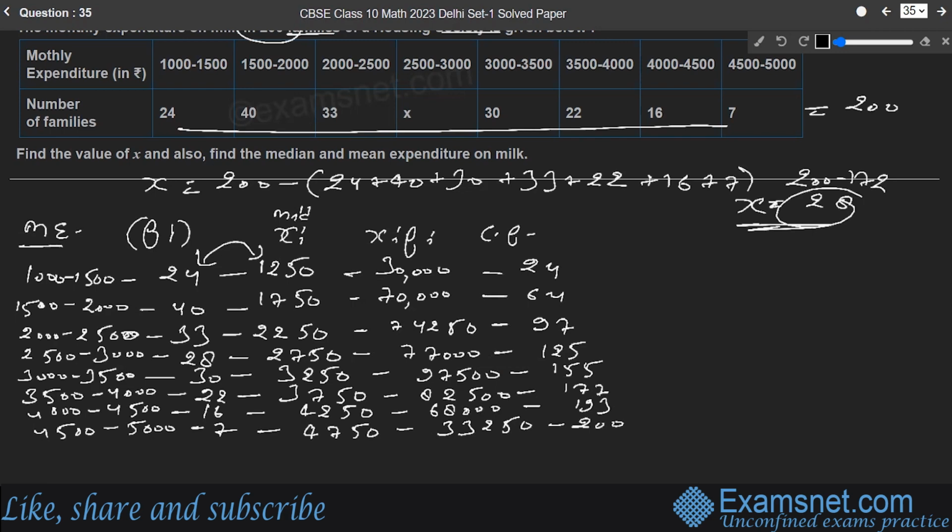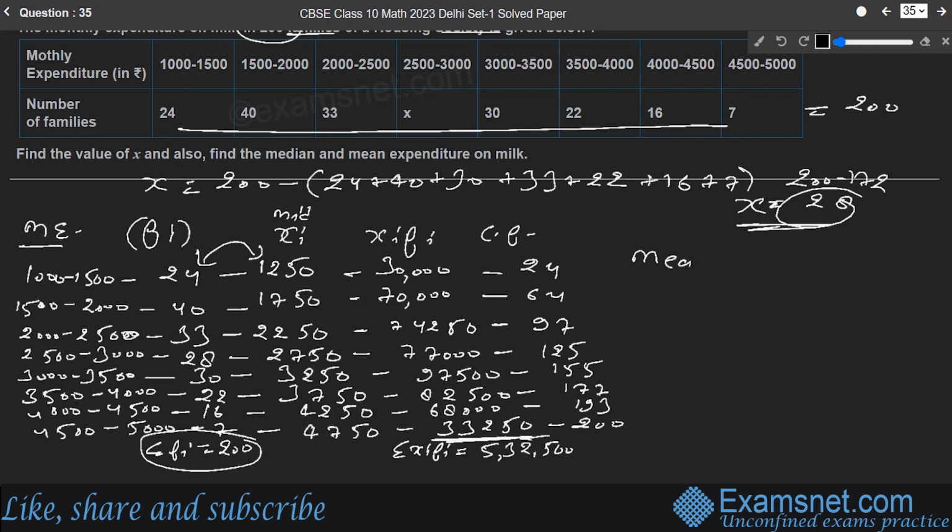Let us find out summation fi. It is already given that there are 200 families, so this is the summation fi value. We have to find summation xi into fi. If we total this, it comes out to be 5,32,500. Now let us find the mean.